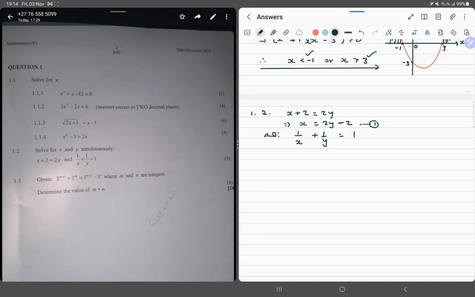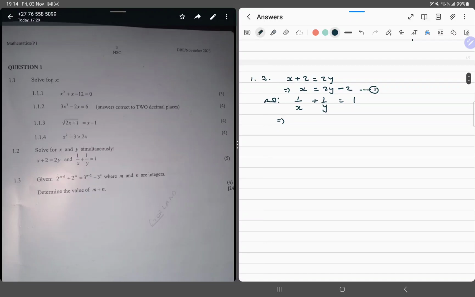So here we can also fix this one a little bit because they're giving us stones deliberately. So we know that what would be our LCM here? The lowest common multiple is going to be x times y times 1. So this is basically xy. So we just multiply throughout by xy such that when we multiply by xy here, x cancels. So we've got 1 over y is equal to, we multiply by xy there, y cancels.